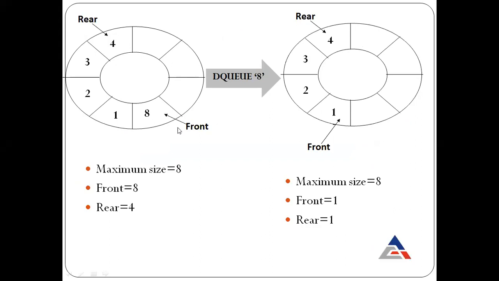And if 8 is the front element and 4 is the rear element, because this is the maximum size, if I remove the 8, the 8 will get removed, then 1 will become the front. If 8 gets removed, then this becomes front and 4 remains as rear. And if I want to add something, that will come after 4.